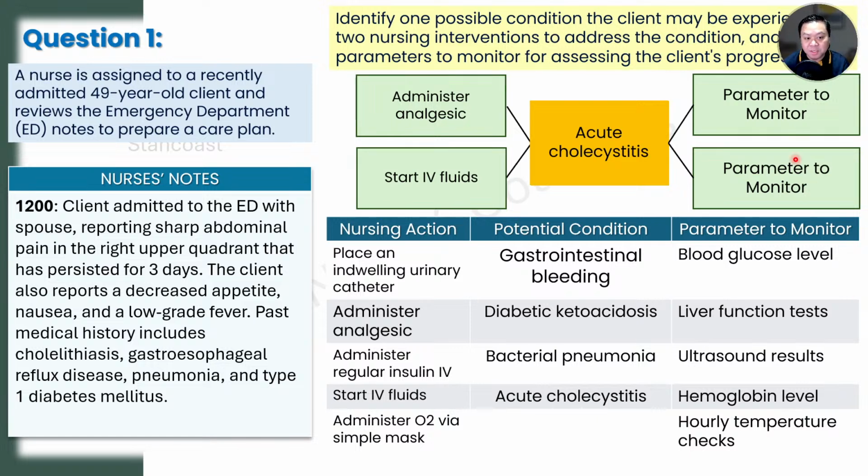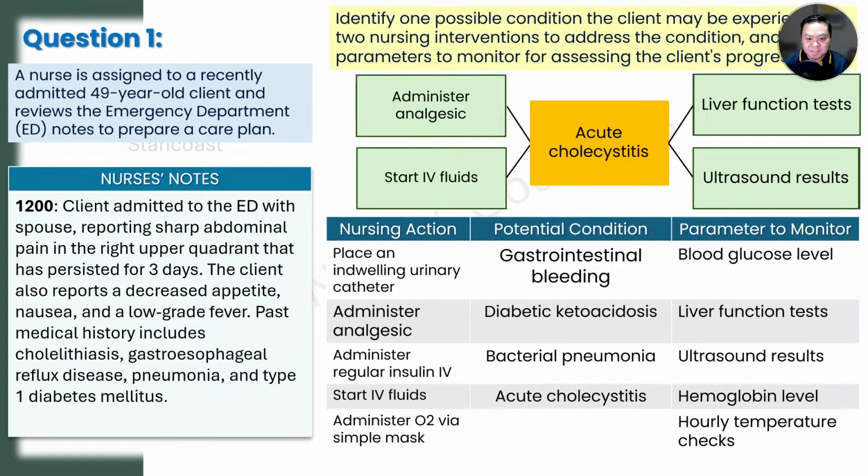So what do you think would be the answers here? So you need to supply about 2 of them. So the first is liver function test. This is going to provide information about the liver involvement, which is connected to the gallbladder issue. And the other one is the ultrasound result.